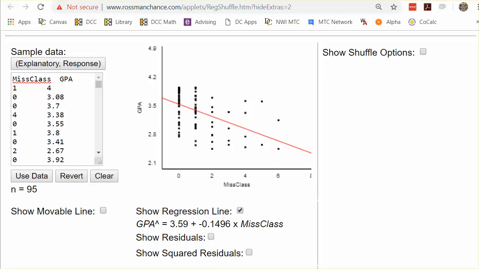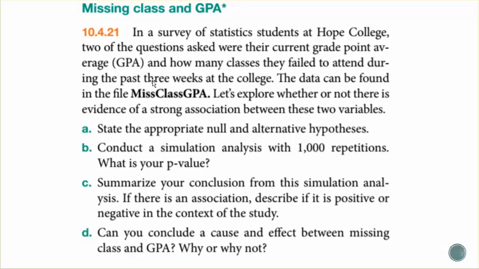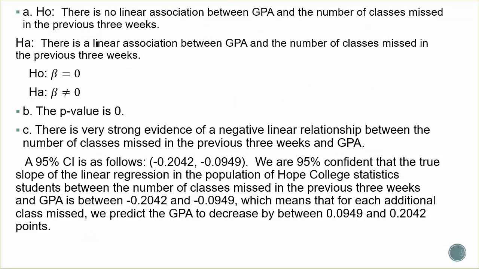So let's set up the null and alternative hypothesis. The null hypothesis would be that there's no linear association between GPA and the number of classes missed in the previous 3 weeks. The alternative is that there is one. We can think of that in terms of the slope.